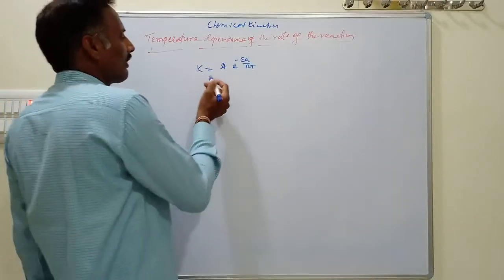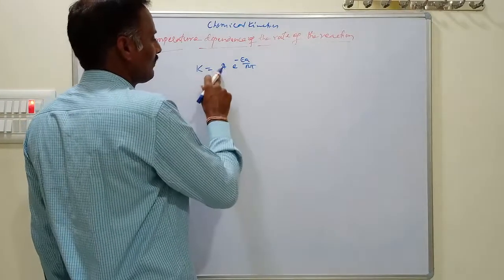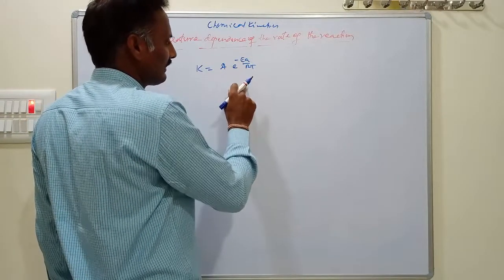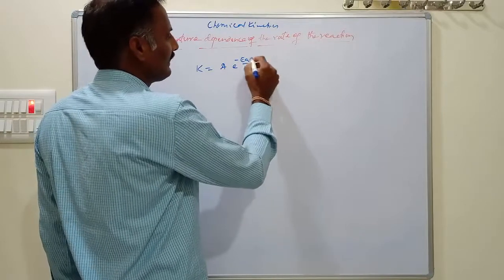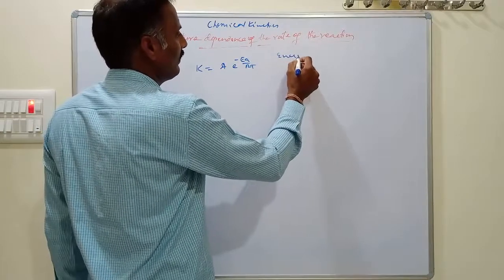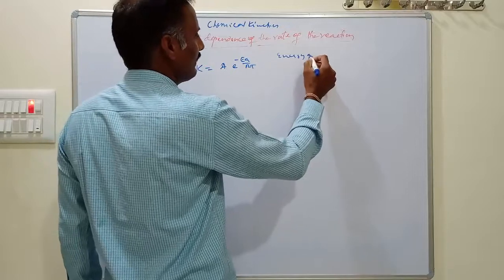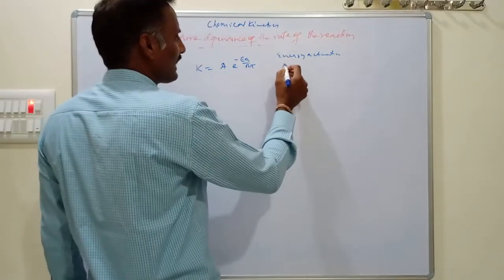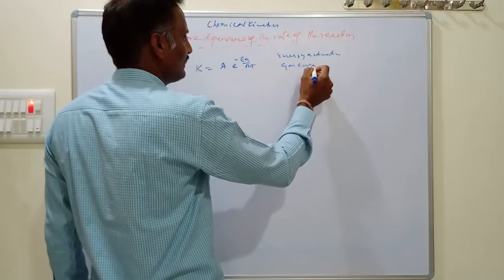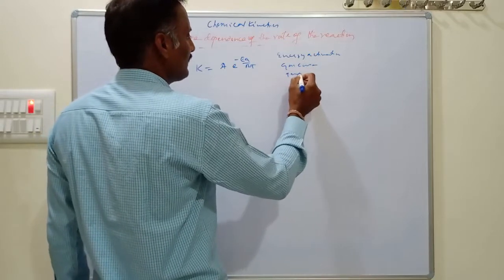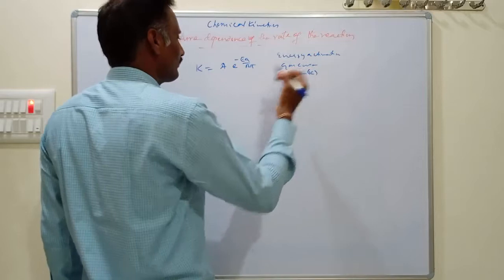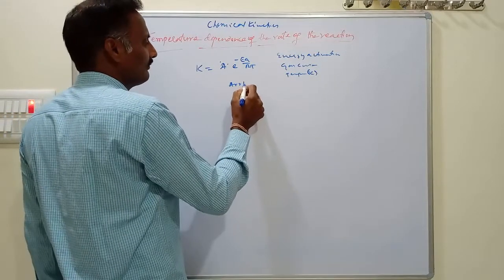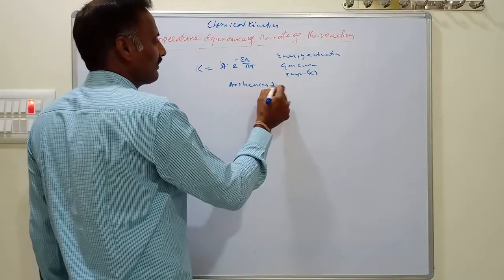According to the Arrhenius equation, k equals A times e to the power minus Ea by RT. Here Ea is the energy of activation, R is the gas constant, T is the temperature in Kelvin, and A is called the Arrhenius factor.